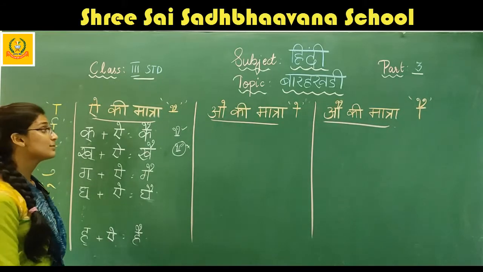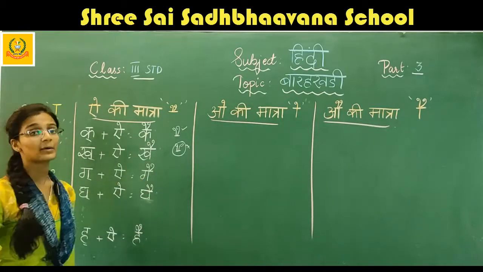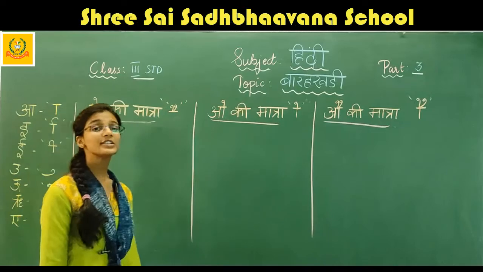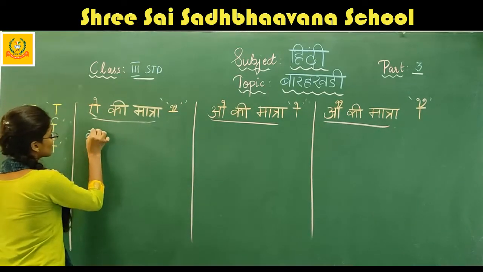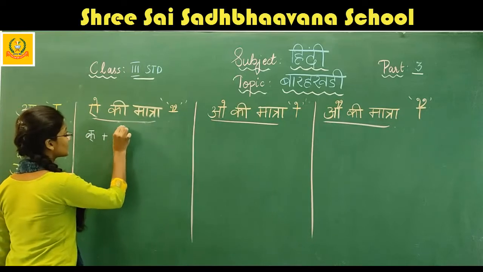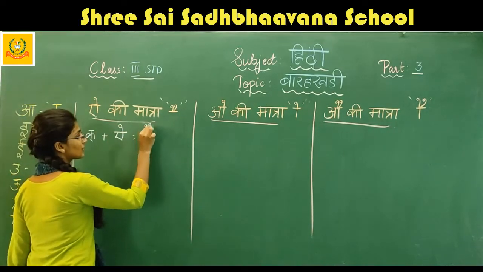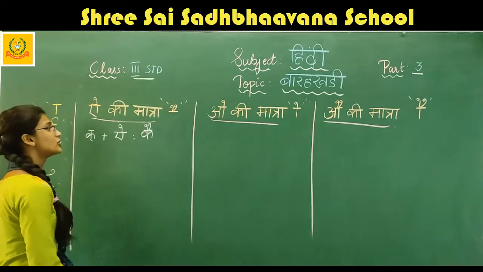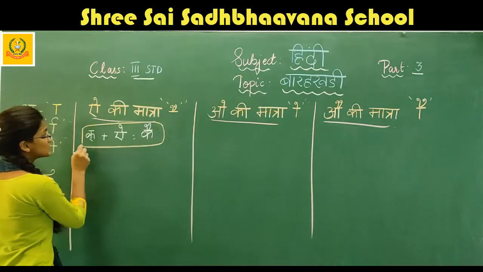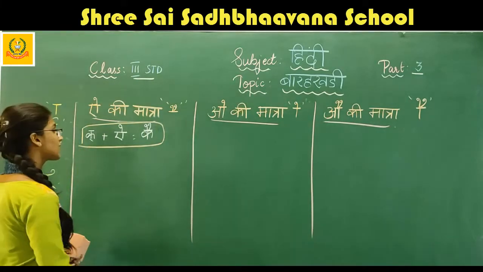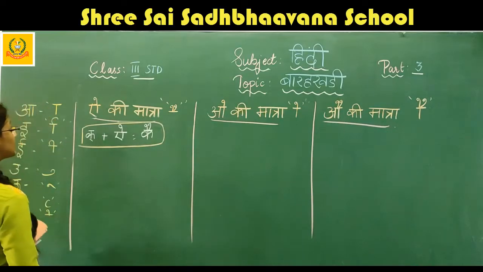So children, let me show some examples for I ki matra. Okay children, now the standard form is K plus I is equal to Ki. Always the symbol should be this. This is the form that you should write. So I will show some examples for I ki matra.